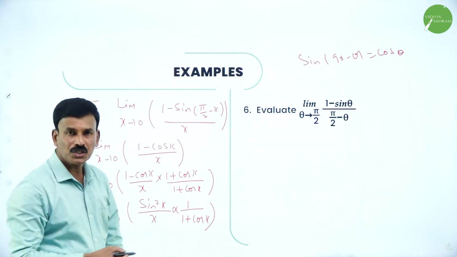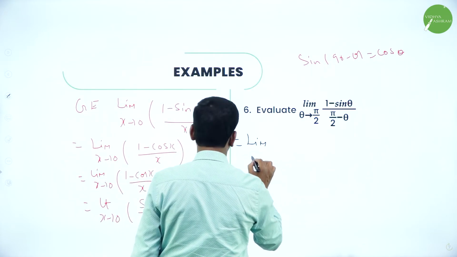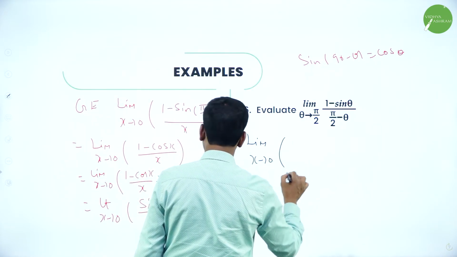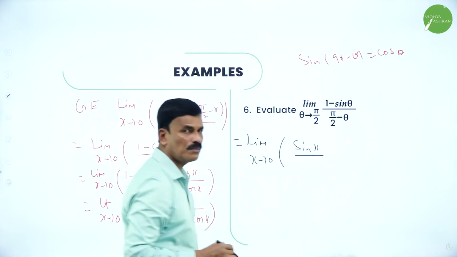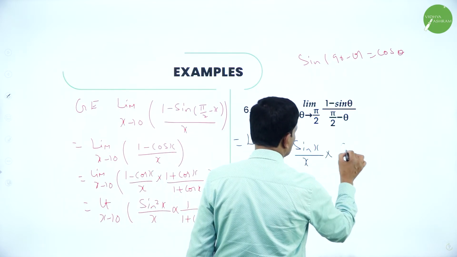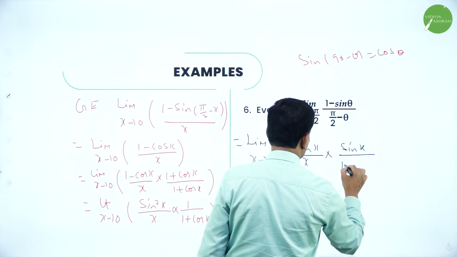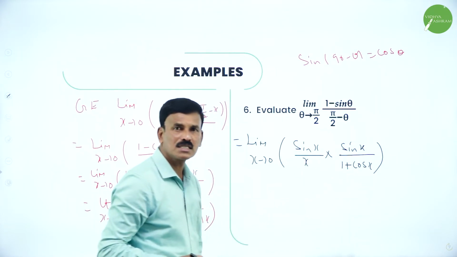Now simplify this. So this can also be written as limit x tends to 0 of, split this, sine square x can be written as sine x by x into the remaining sine x divided by 1 plus cos x. Now that's all. So apply the limits, and you will get the answer.